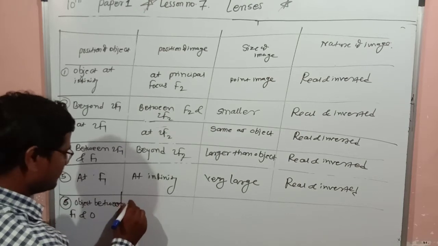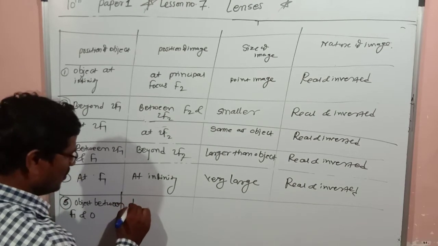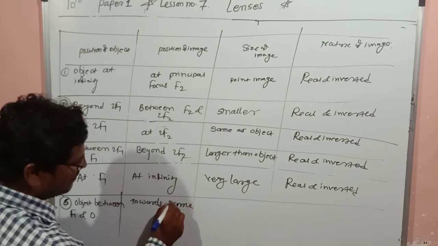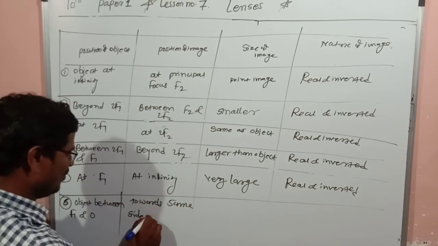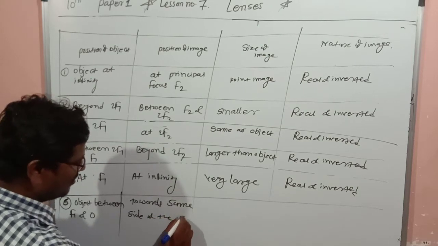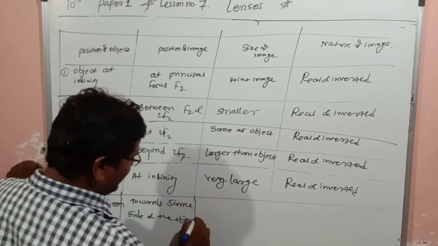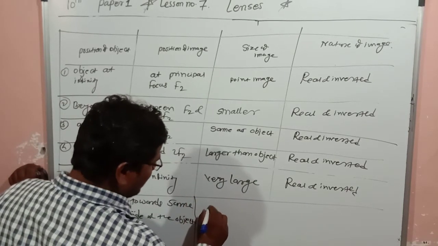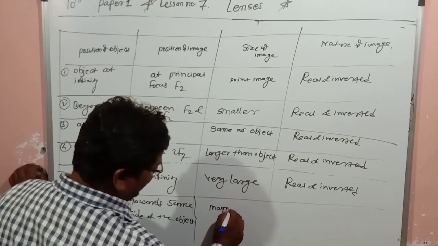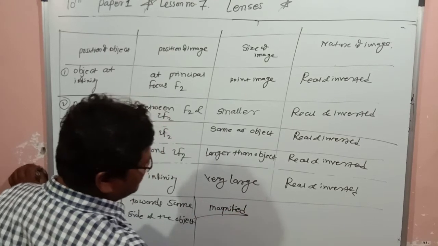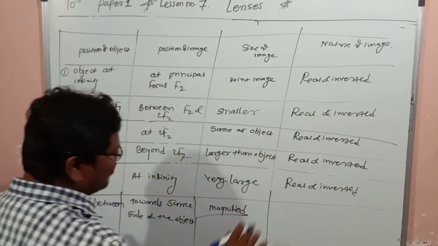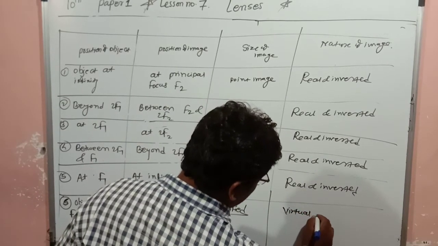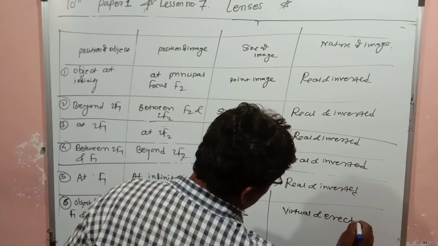Image will be toward the same side of the object. And the image size will be magnified, or very large. And nature is changing here only, that one is virtual and erect.